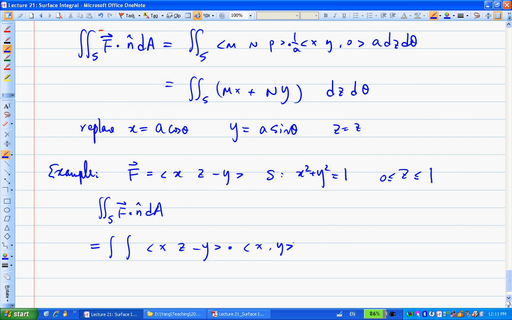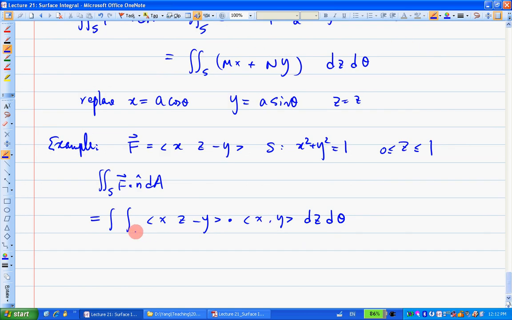And dA is a dz d theta. A is 1, so just dz d theta. The z quantity is going to change from 0 to 1, and the theta is going to change from 0 to 2 pi. That's a cylinder, right?